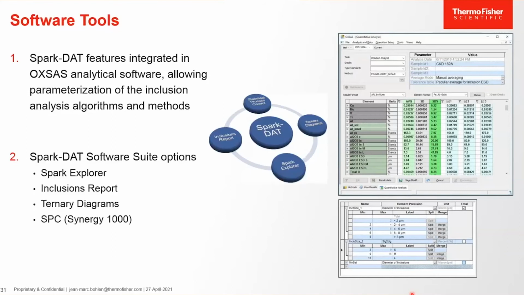Now there are also a few software options, which belong to the so-called SparkDat software suite. The first one is the Spark Explorer. There is also the inclusions report, the ternary diagram, and SPC. On the next slide, I give a brief overview of these different tools.